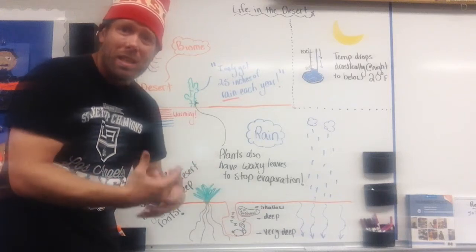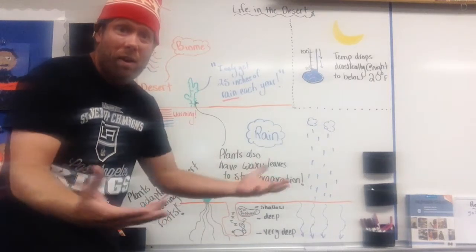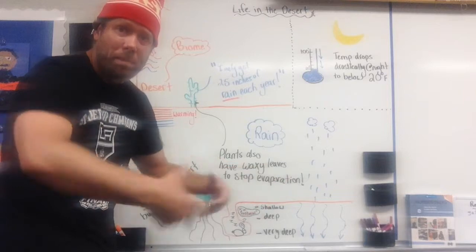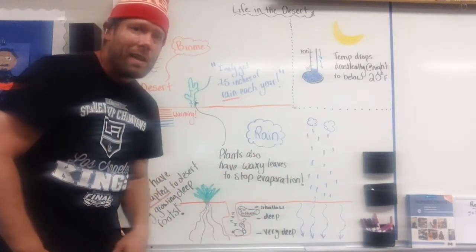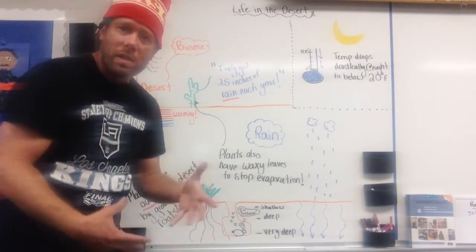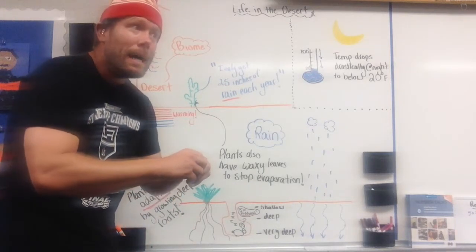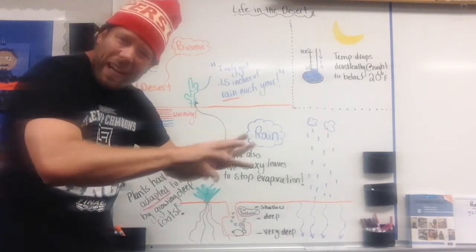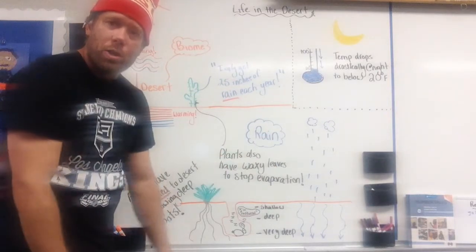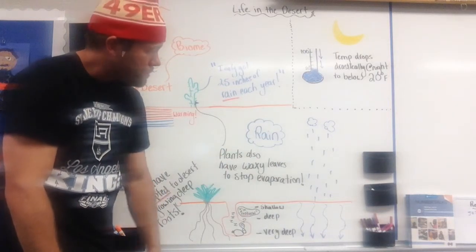So the bones and the dead plants don't stick around very long, and they end up breaking up and just becoming a part of the sand. That's why you don't see a lot of bones and dead plants in the desert. They decompose really quick, break down, and end up just turning into dust and dirt.